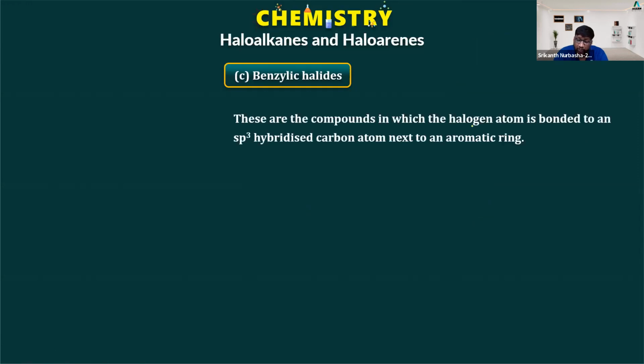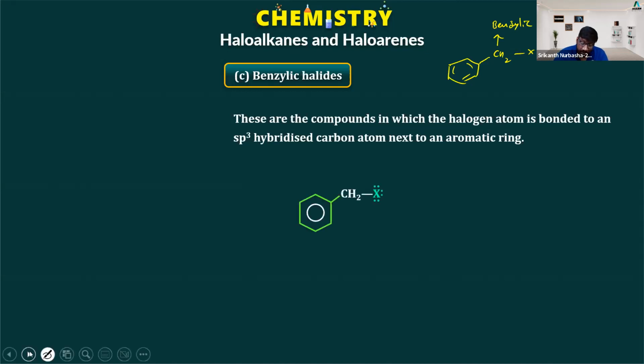Benzylic halides are compounds in which the halogen atom is bonded to an sp3 hybridized carbon atom next to an aromatic ring, like C6H5CH2X. If the carbon is a benzylic carbon, it is a benzylic halide. If the halogen is connected to an allylic carbon, it is an allylic halide. So the classification has been done.